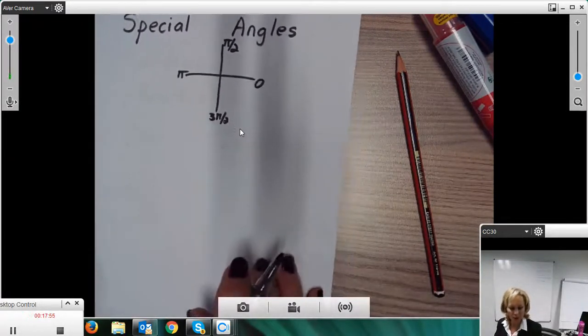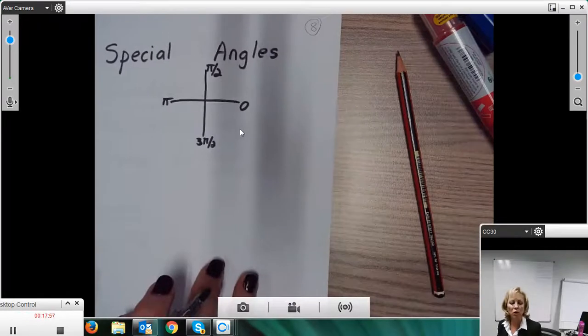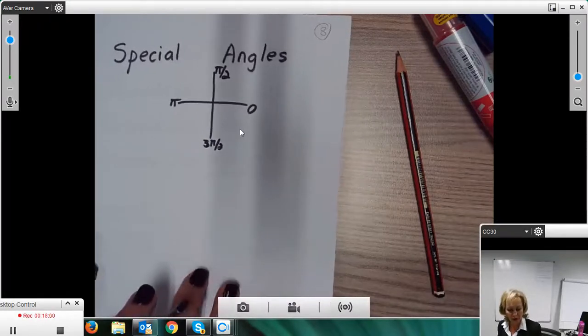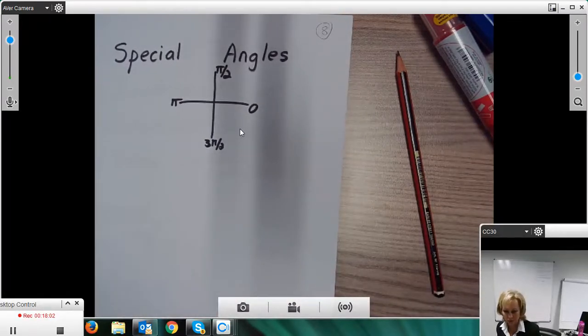In your textbook, they have given you the special angles. They've represented them in 3 different ways, so you can choose which representation you're going to memorize for your exam. They've given it to you in a table form, in a circle form where the angles are shown on the circumference of a circle, or as triangles.